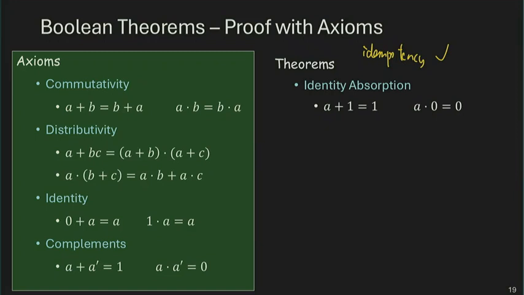But our goal is to algebraically prove it so that it will remain true for any number of elements in a larger Boolean algebra. So any ideas? A plus 1 equals 1. We can just try out something together. It doesn't have to be correct. And oftentimes it's not quite right because we are working in this constrained space. So we have to try many things to get it right. Anyone want to give it a try?